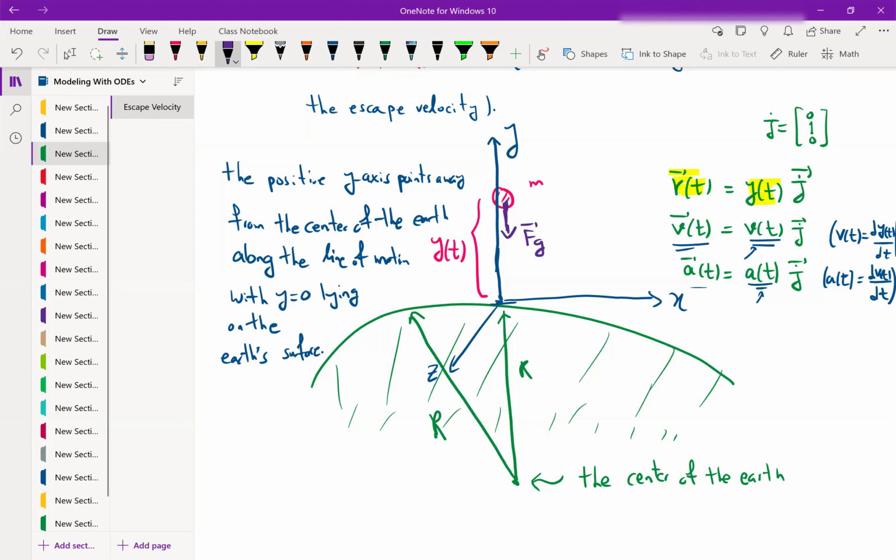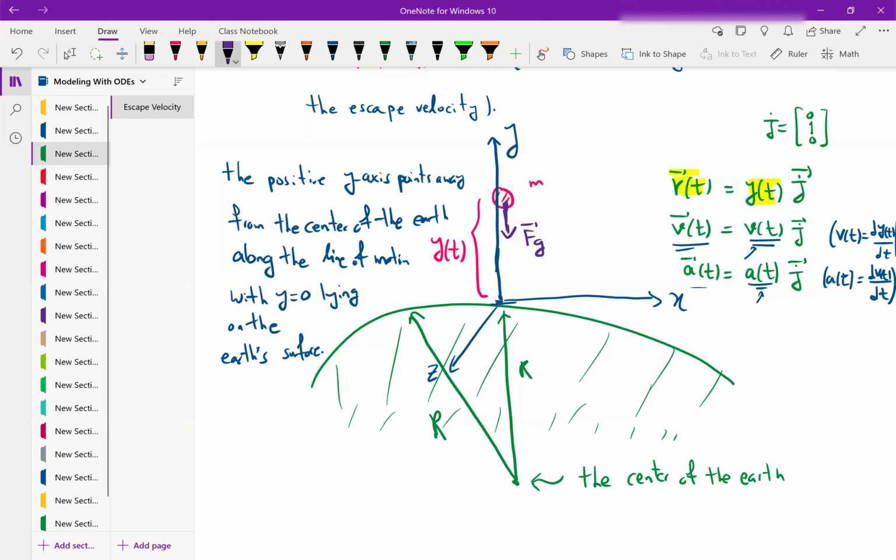Typically, when we are close to the surface of the Earth, we assume that the force due to gravity is constant, mg, m times g, where g is the acceleration due to gravity, 9.8 something meters per second squared.